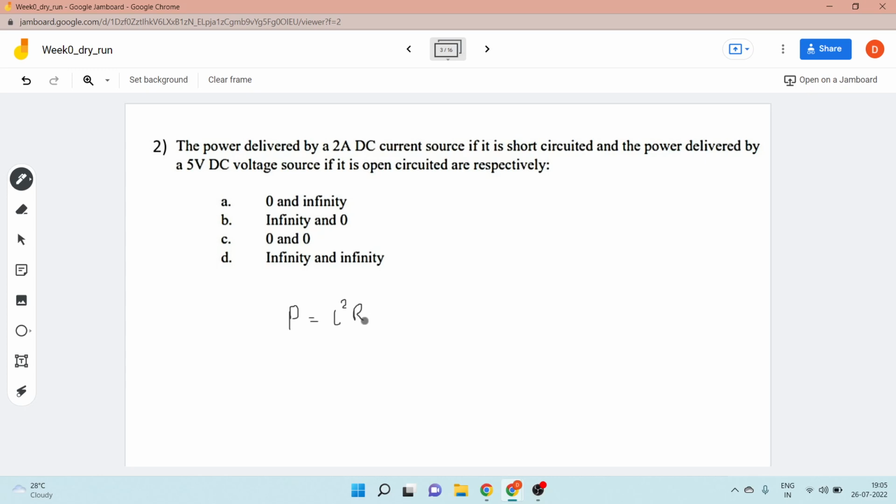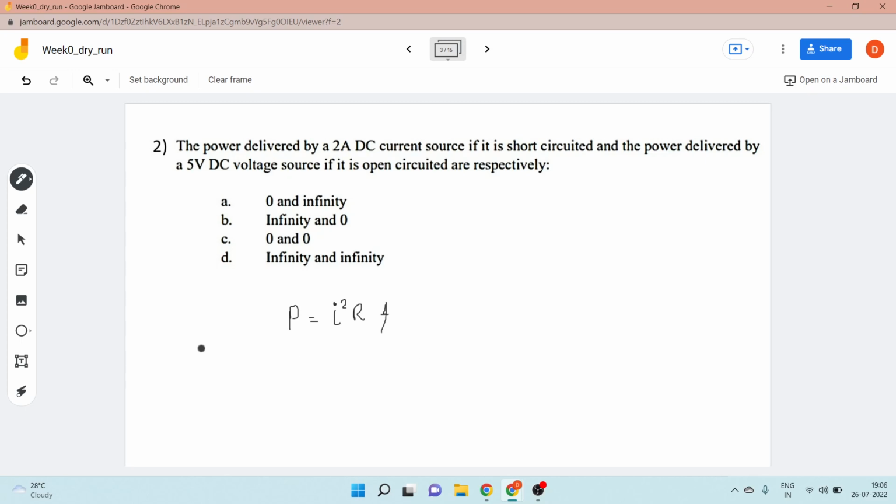So power is given by I square R, or it can be given in terms of voltage. In the first case, a 2 ampere DC current source is mentioned, and it is short circuited.